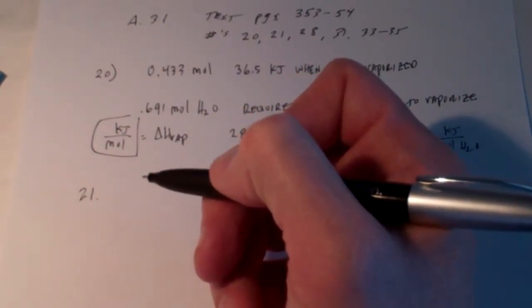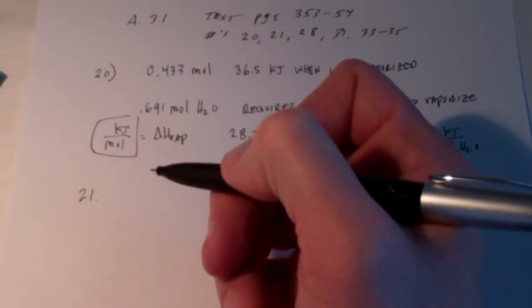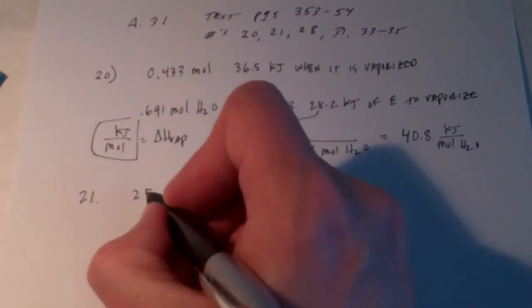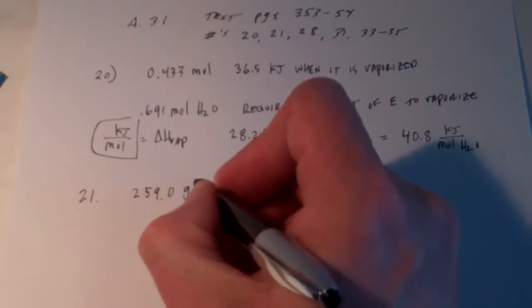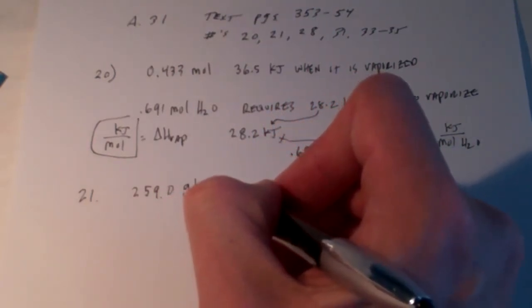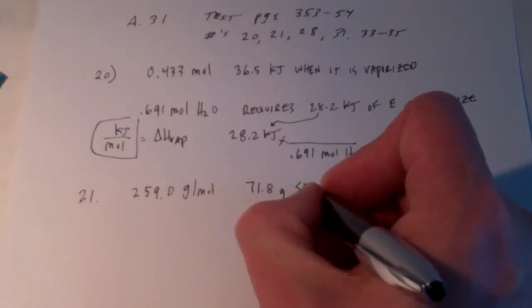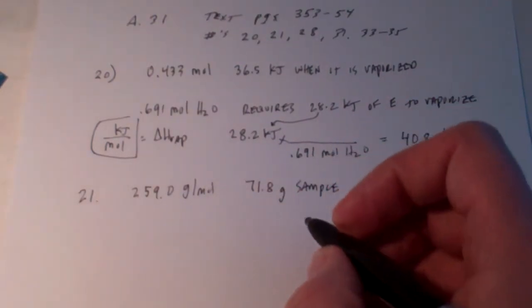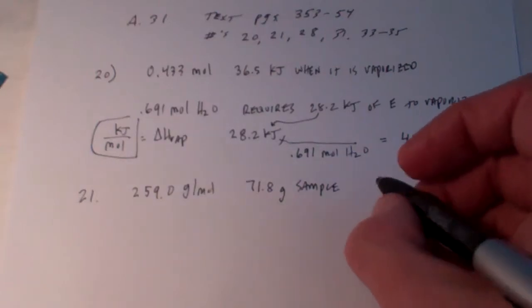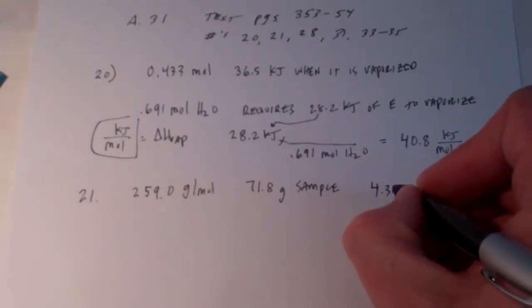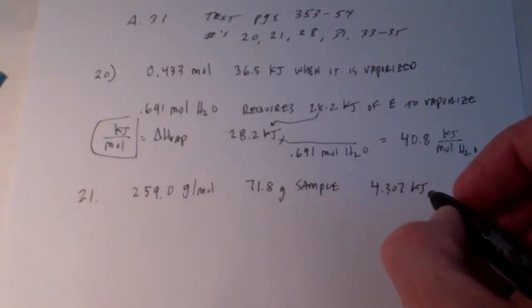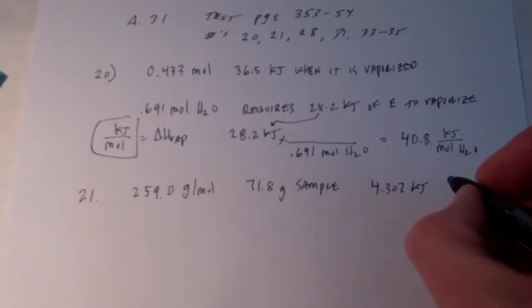Next up is number 21. For 21 it says, given that a substance has a molar mass of 259 grams per mole, it actually says 259.0 grams per mole, and a 71.8 gram sample of the substance absorbs 4.307 kilojoules when it melts.